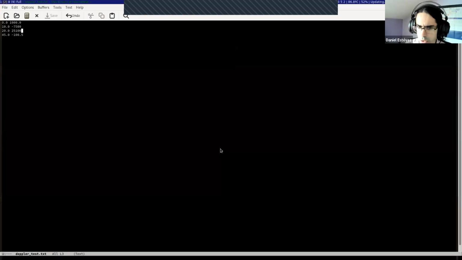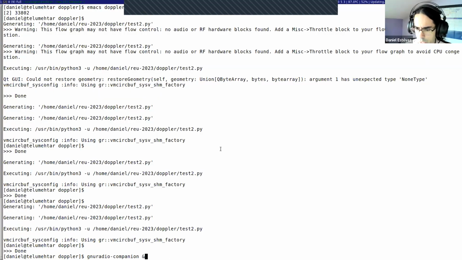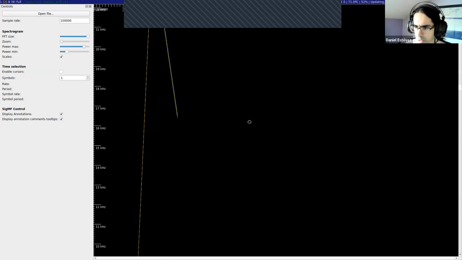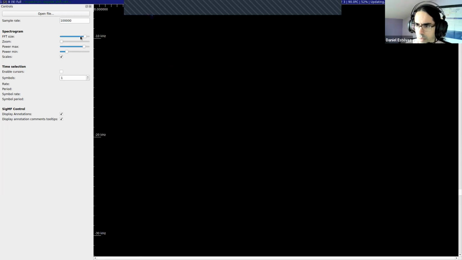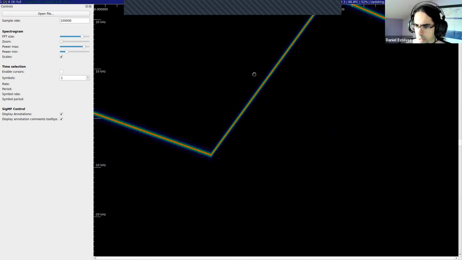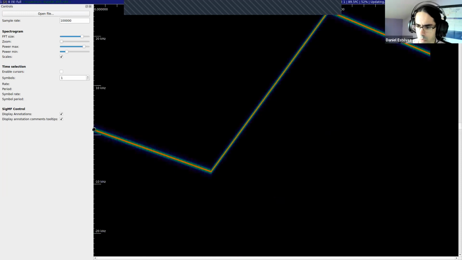Of course, we can look at this output in Spectrum, and we will see the same thing. So maybe I need to make this smaller, like this. So it's going from 1000 hertz to minus 7.5, then up, then down, etc.